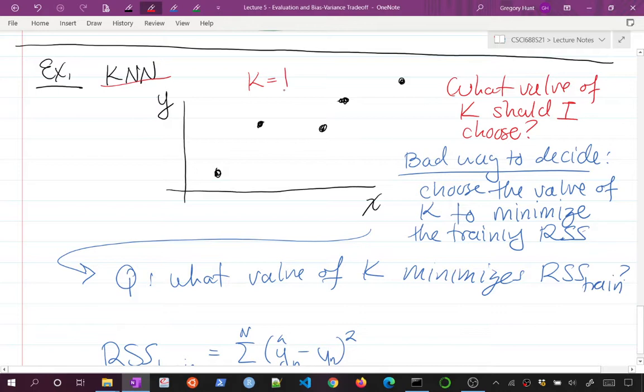If you remember last time, what k equal to 1 does is it's going to just use the one nearest neighbor, and it's going to interpolate through my points. So it's basically going to say over here, the closest neighbor is this one here. And so I'm going to predict that value until I get to somewhere about here. And then the closest neighbor is going to be my second black point here.